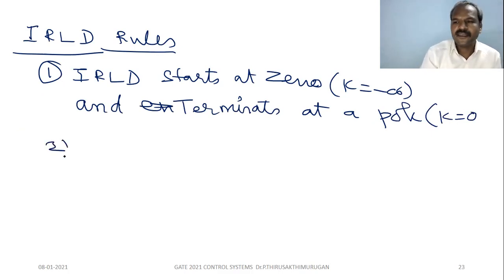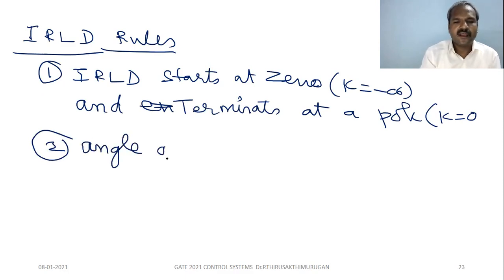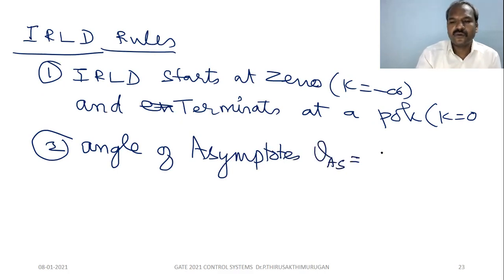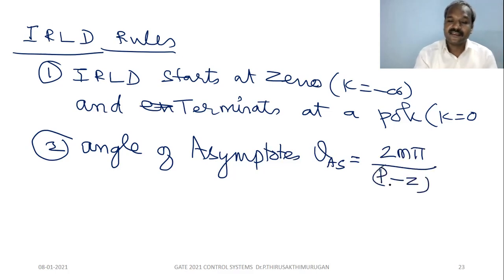The second point is the angle of asymptotes. Theta equal to 2m pi divided by p minus z, whereas in the case of the root locus diagram, this is (2m plus 1) into pi divided by p minus z.